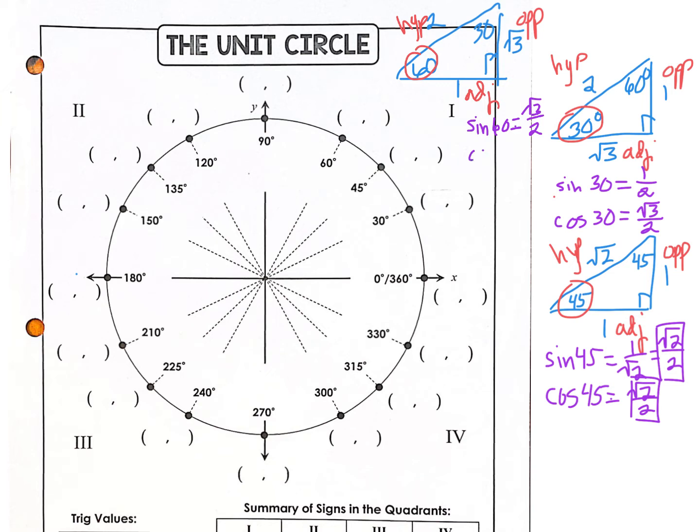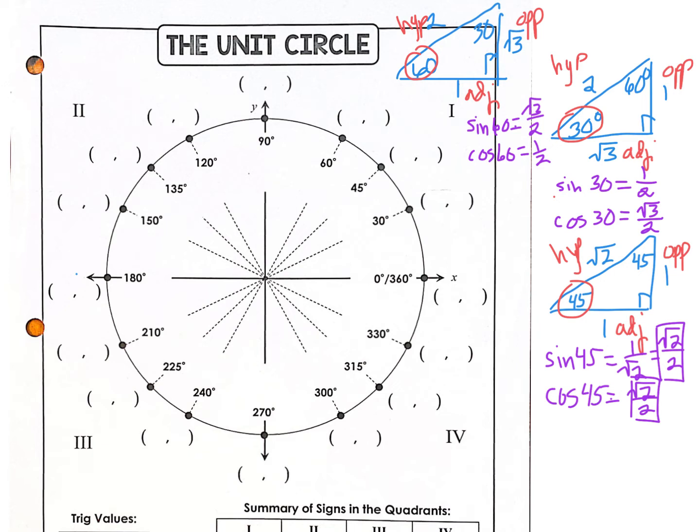And then the cosine of 60 is equal to adjacent, which is 1, over the hypotenuse, which is 2. And remember, we talked about the fact that the sine and cosine of 60 and the sine and cosine of 30 flip-flop.